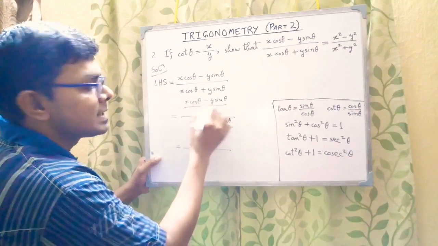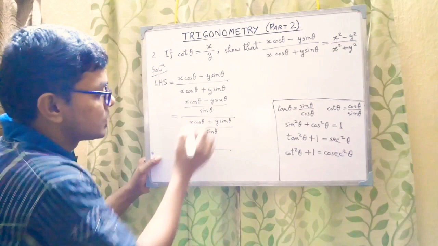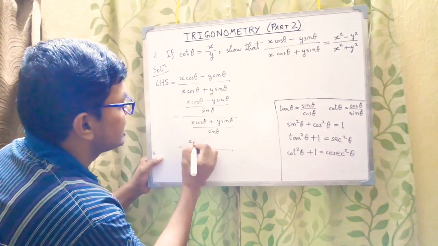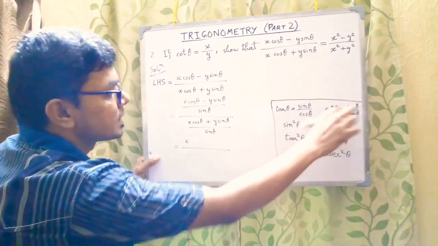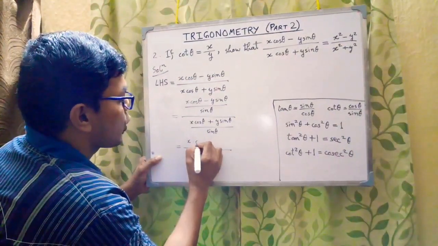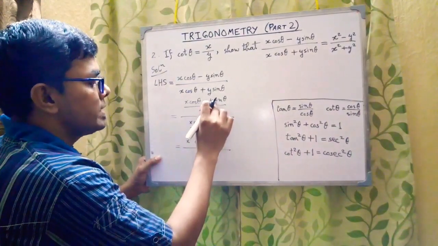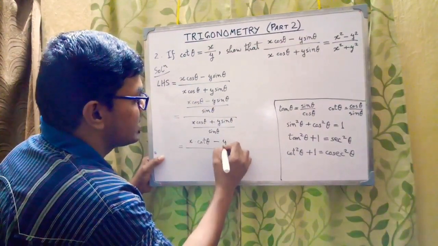x cos theta by sin theta minus y sin theta by sin theta. So we look at this first part, x cos theta by sin theta, that is x into cos theta by sin theta, that is cot theta, minus y sin theta by sin theta, that is 1, so that is y into 1.